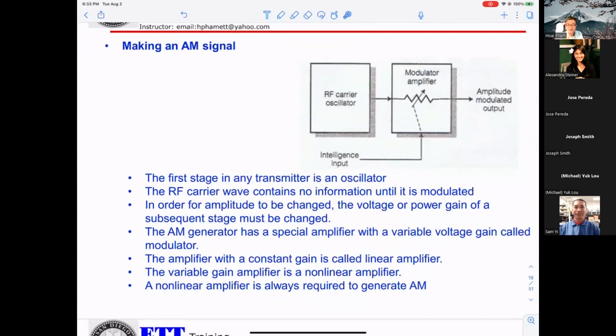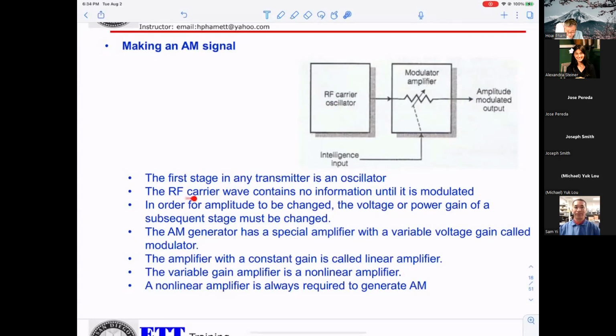And after the modulator, you get the amplitude modulated output. So the first stage in any transmitter is an oscillator. This guy.